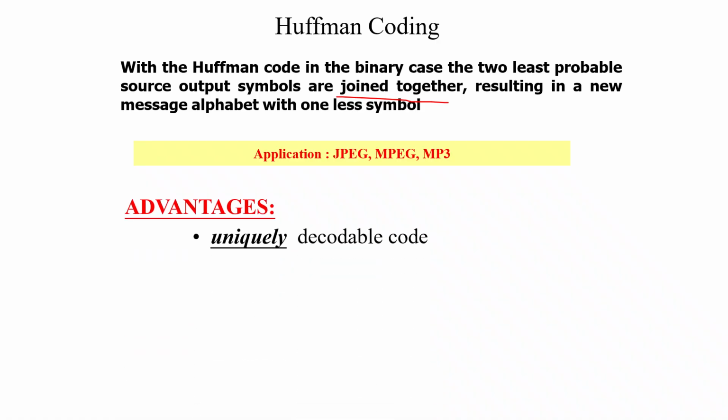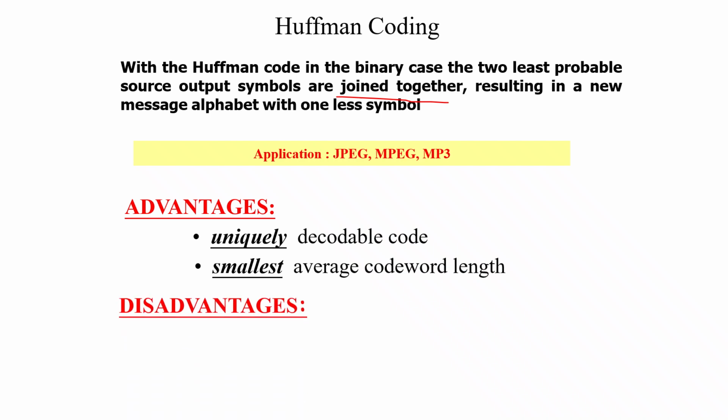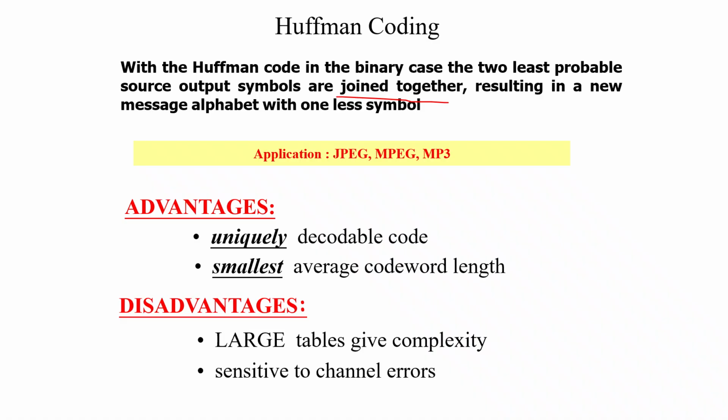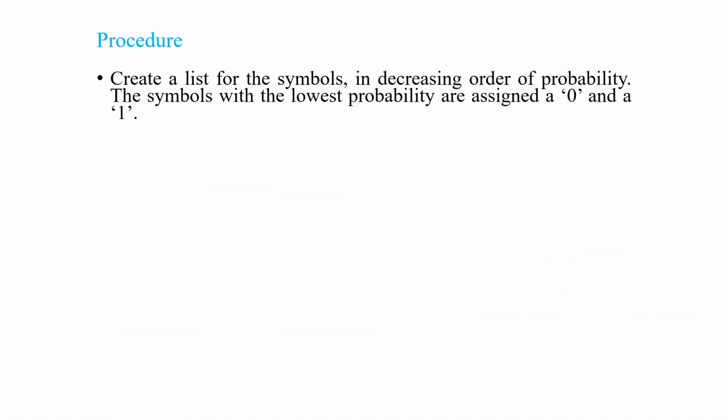Advantage: it is a uniquely decodable code, and of course the average code length will be comparatively lesser. Disadvantage is that a large table gives a little bit of complexity. And how we will assign a code like the Huffman code for any message, we will look into that.